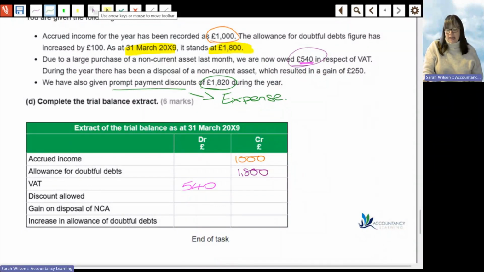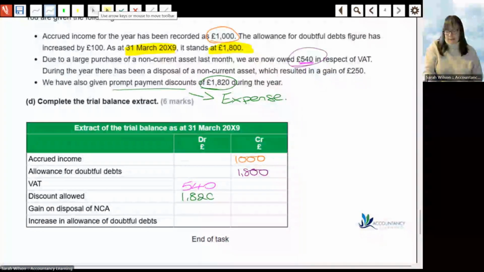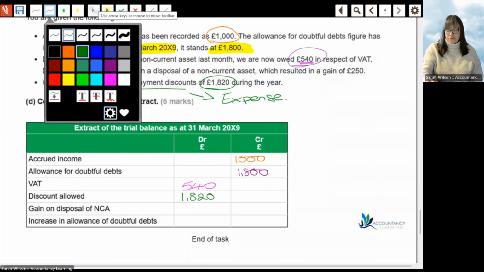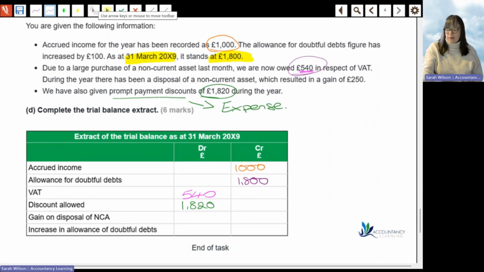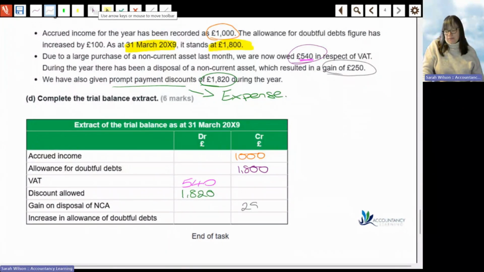So that's going to be a debit on the trial balance. The gain on the disposal of the non-current asset. We're told that there was a gain of 250. So if we're making a gain, it means that we've made a profit when we've sold that asset. So that is a form of income. So £250 on the credit side, it's increasing our income.